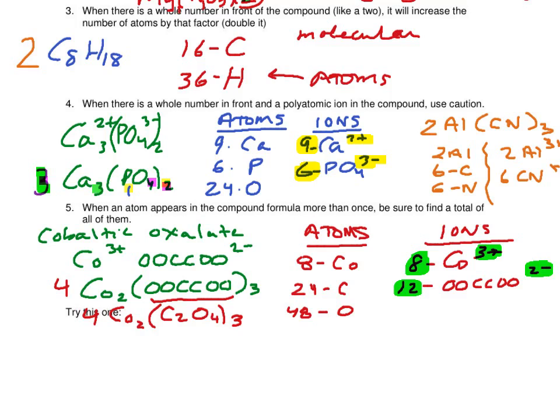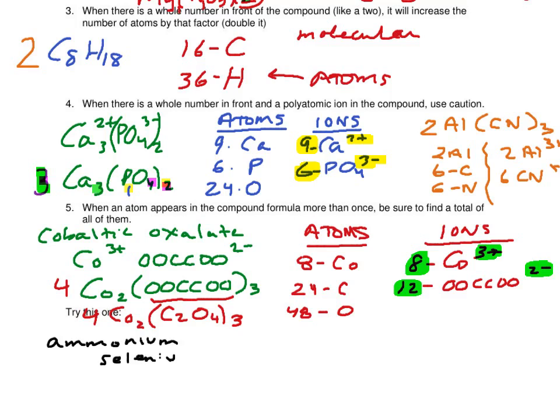And we'll do just one more for practice. So if you had a compound in your chemical equation that was, say, ammonium selenate, you had to write the chemical formula, and then you had to balance the formula.